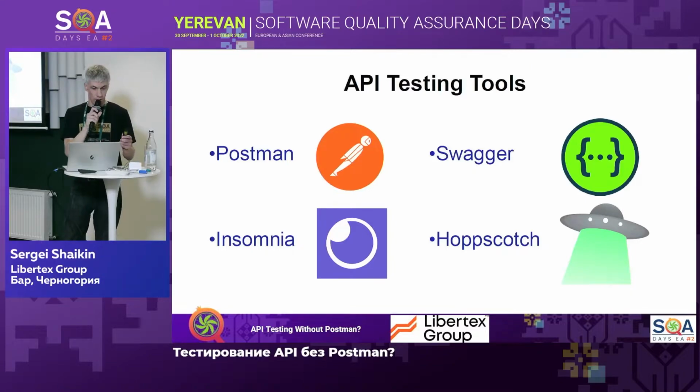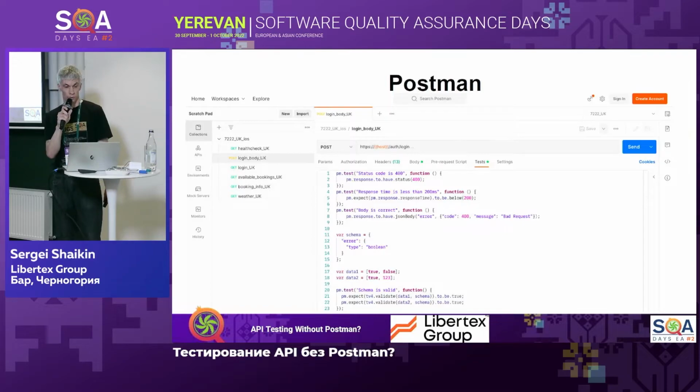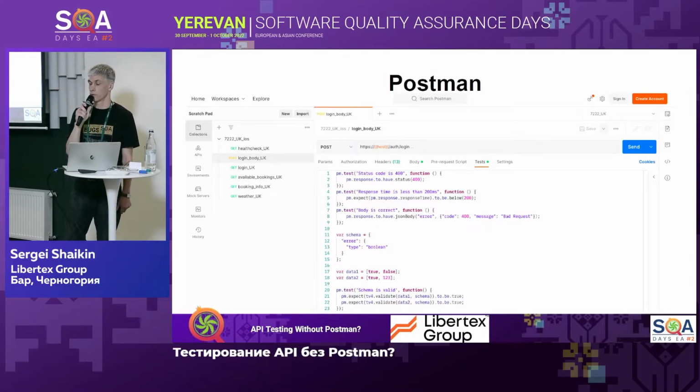Let's start with Postman. There are a lot of possibilities to test with Postman, such as creating collections and creating environments. It's very comfortable to test with Postman, and I think it's the best instrument, but it's not open source.